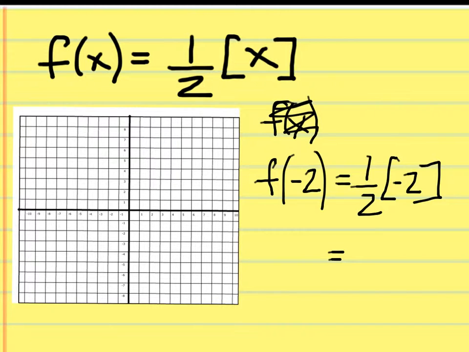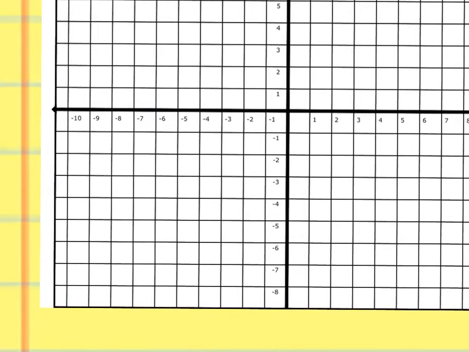Negative 2. What's negative 2 times a half? It is negative 1, right. Negative 2 times a half is negative 1. So I put in a negative 2. So I'm going to go back negative 2 to here. And I came back with an answer that was what? A negative 1. So I'm going to go back to here. And then make the dot.